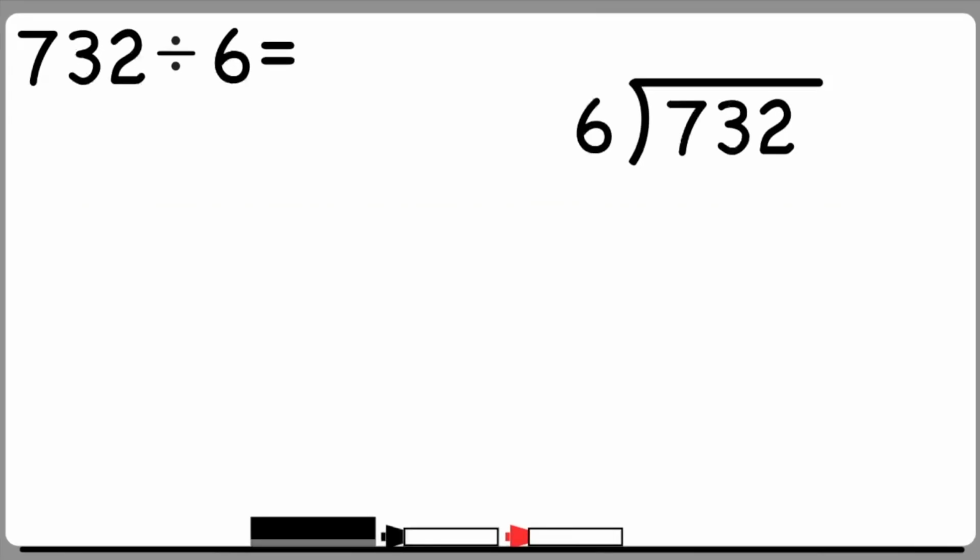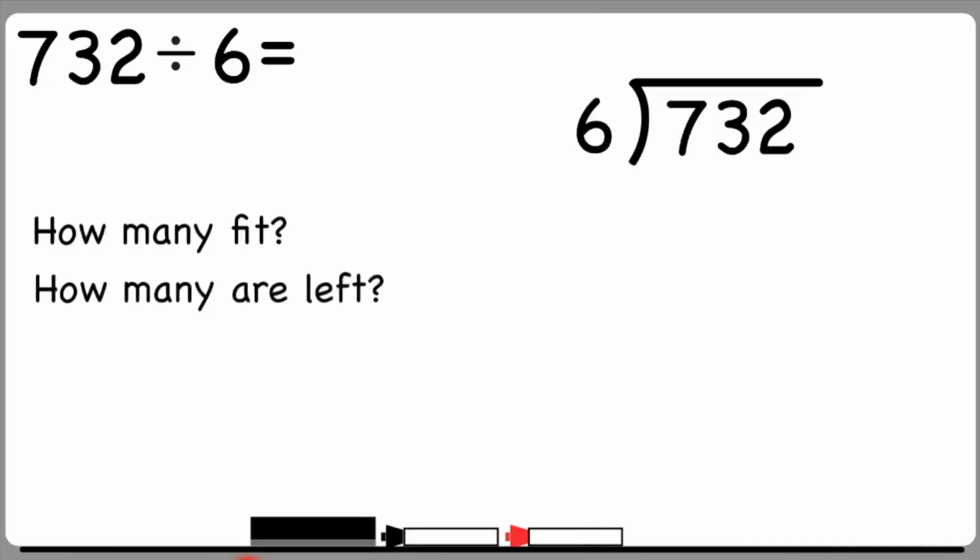In this problem, 732 divided by 6, we are going to use the same steps as before. We'll just keep going until we've used all the digits in our dividend. Same questions. How many fit? How many are left? So how many 6s fit into 7? That should be 1.